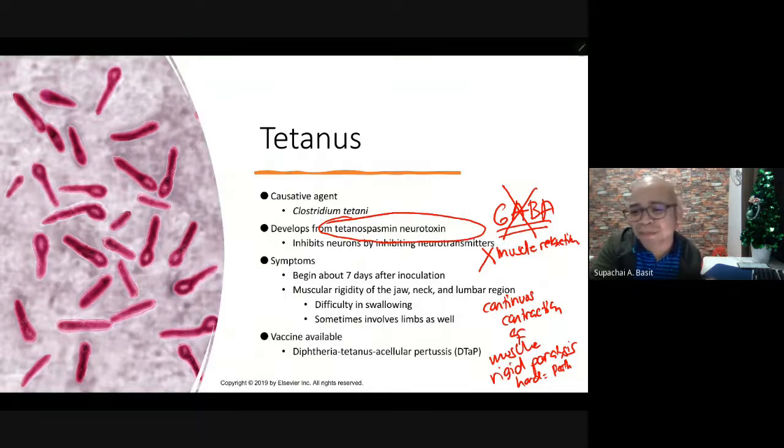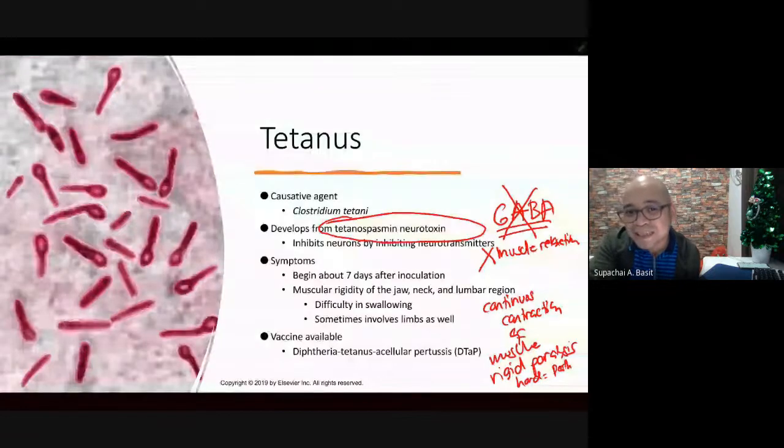Clostridium botulinum causes soft paralysis. Clostridium tetani causes rigid paralysis. Clostridium botulinum inhibits acetylcholine. Clostridium tetani inhibits GABA.